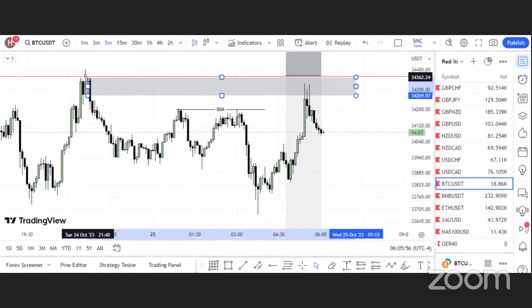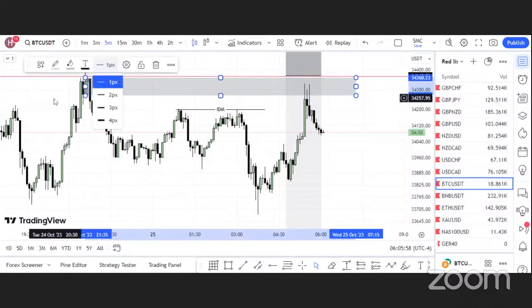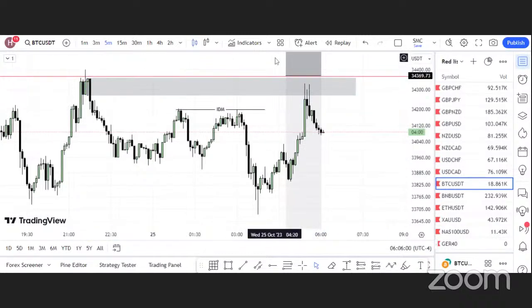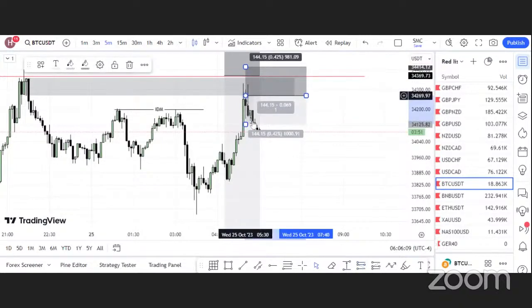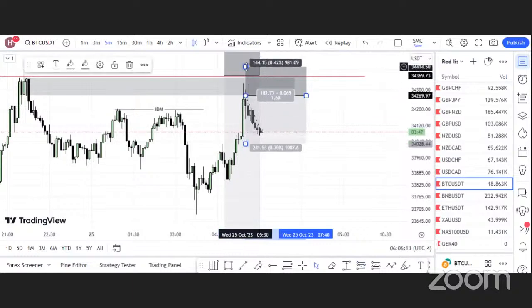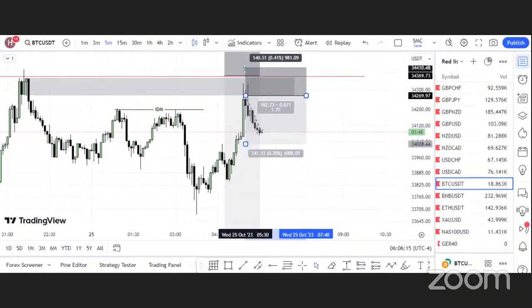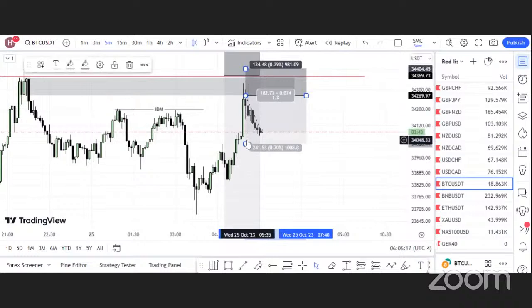So we could have taken this entry since every requirement also meets. This is the 5-minute time frame. So this would have been our entry. We would have made this our stop loss area and targeted 1 to 2, because we don't want to go far.